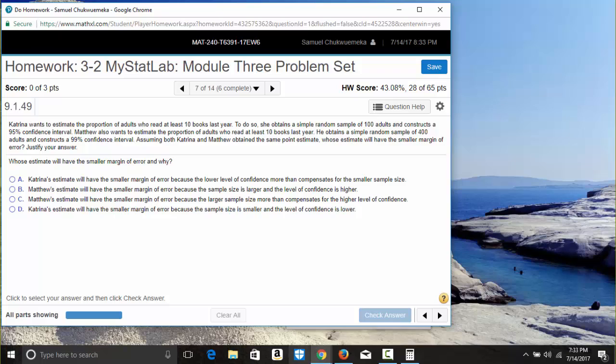The person that is 99% confident, right? And that means smaller margin of error. So it's Matthew. Matthew's estimate will have smaller margin of error because the larger sample size more than compensates for the higher level of confidence. So that is it here.